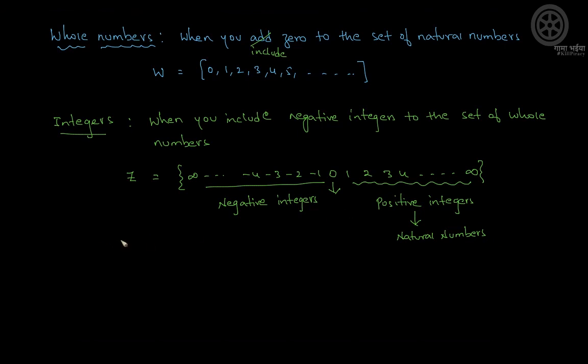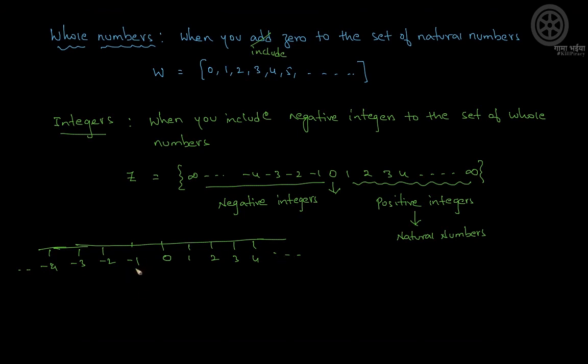How are integers represented on the number line? This is the number line. Always the middle number is 0, and on the left-hand side you have the negative values: -1, -2, -3, -4, and on the right this is 1, 2, 3, 4, and so on. This is how you represent integers on the number line.